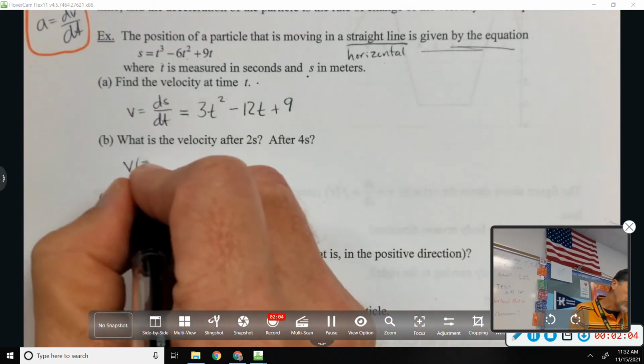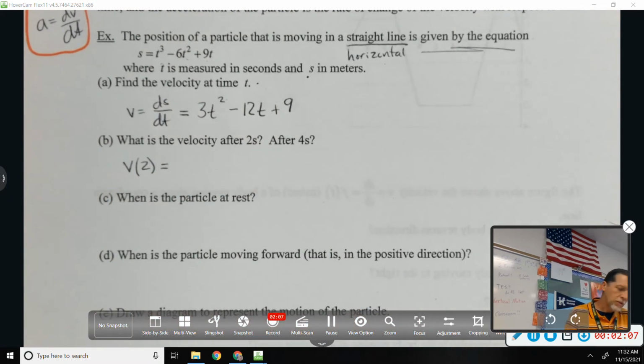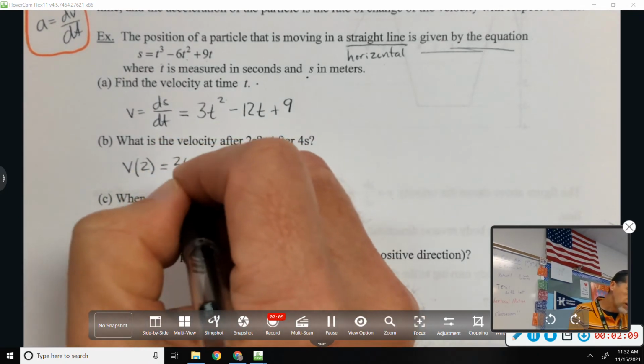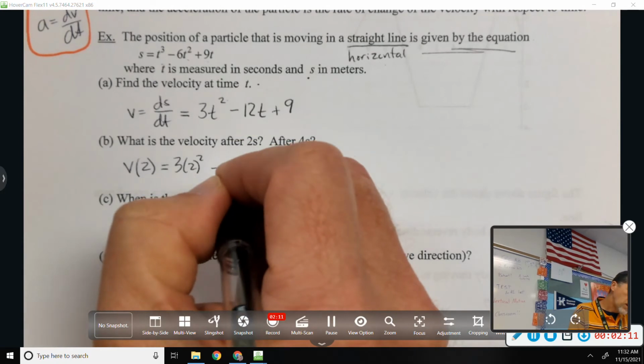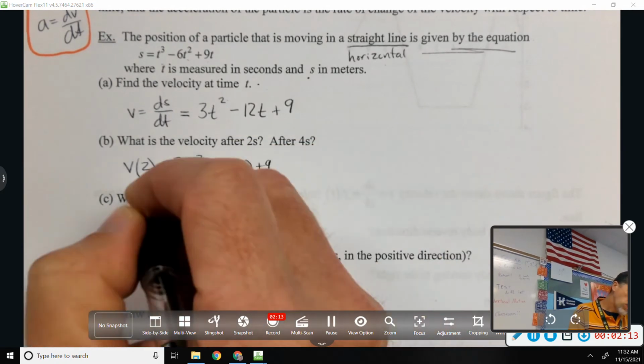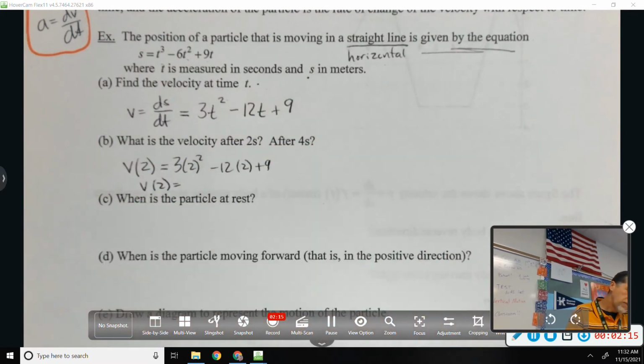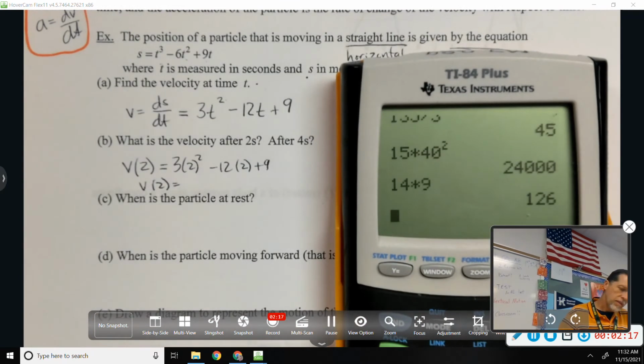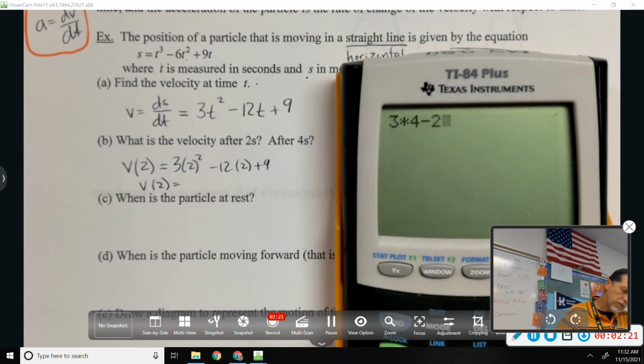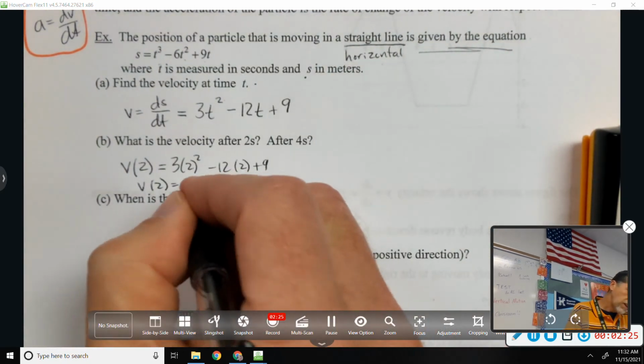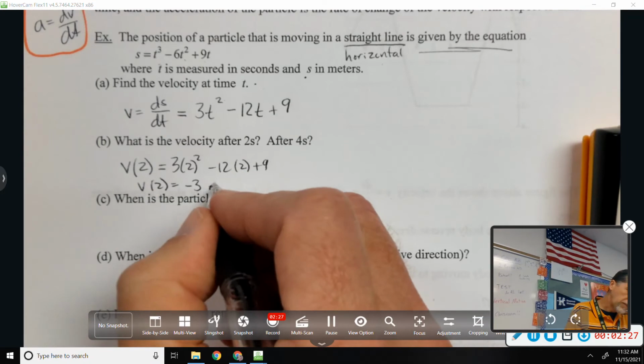Velocity after 2 seconds. Okay, so let's plug in 2. Three times 4 minus 24 plus 9. Negative 3. Yeah, meters per second.